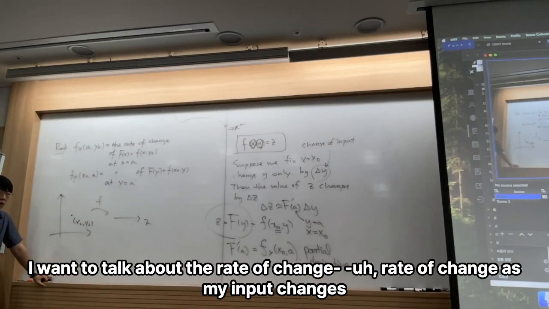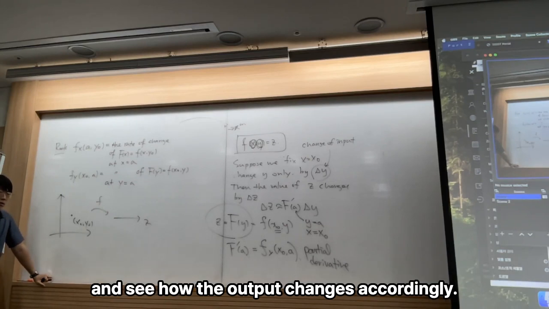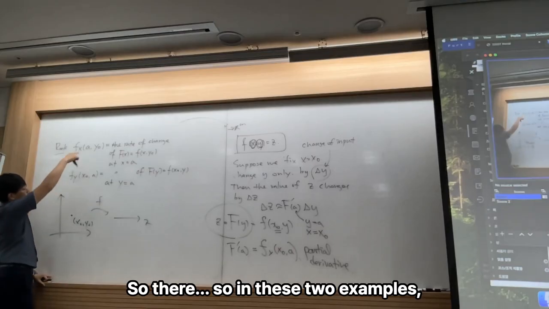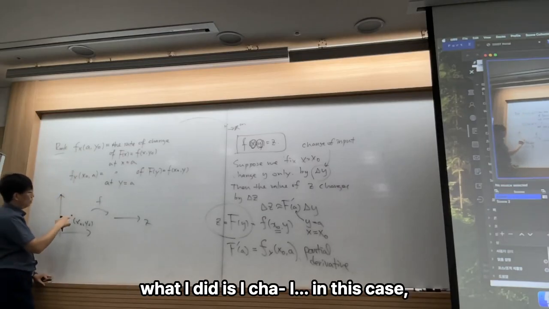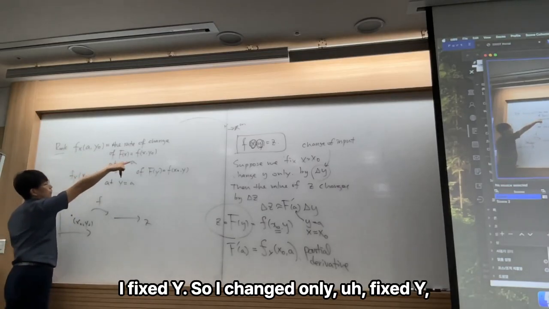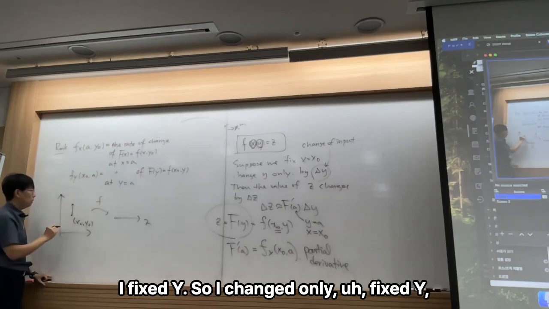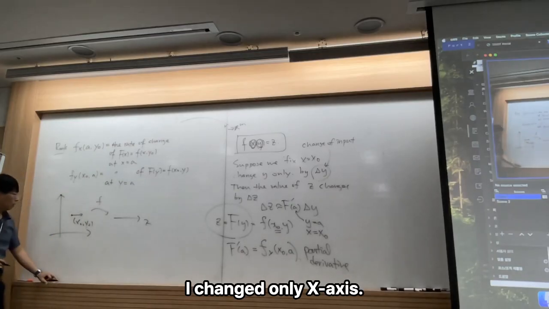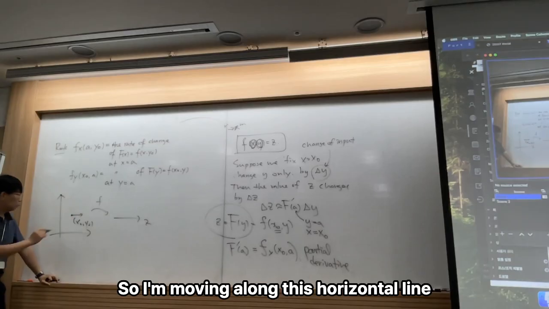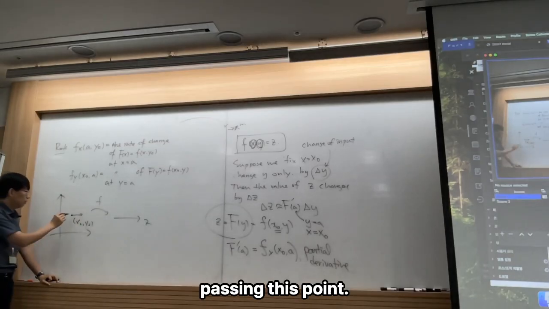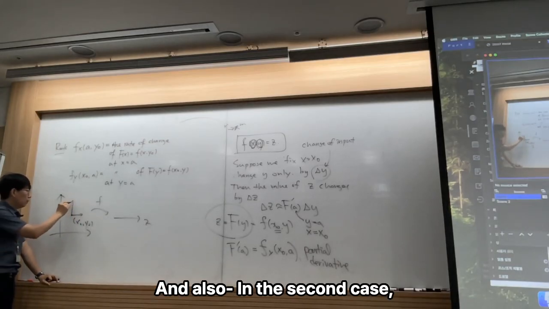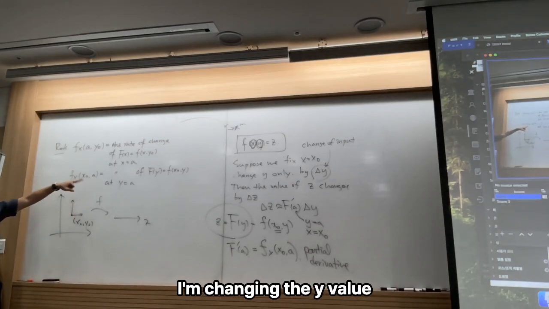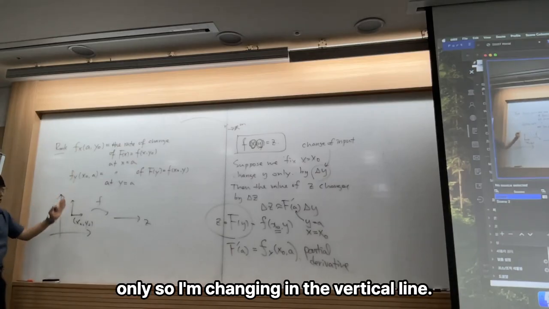I want to talk about the rate of change as my input changes and see how the output changes accordingly. So in these two examples, in this case I fixed y and changed only the x values, so I'm moving along this horizontal line passing this point. And in the second case, I'm changing the y value only, so I'm moving along the vertical line.